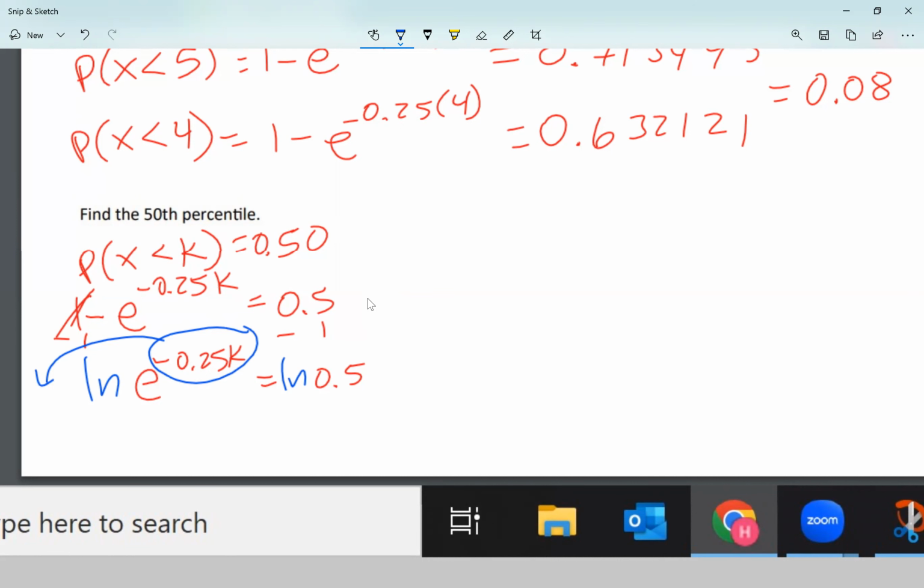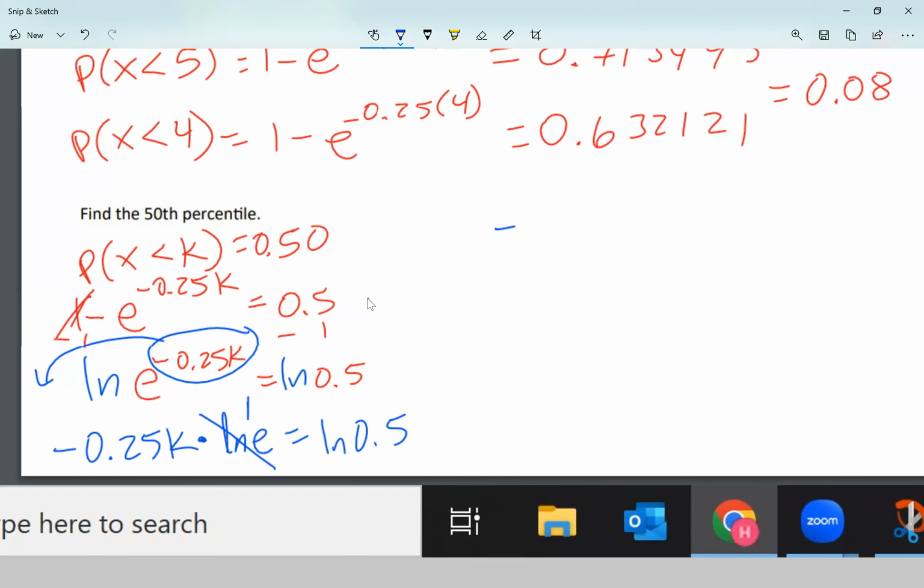So in reality, I have negative 0.25k times ln of e is equal to ln of 0.5. But we learned that the natural log of e is 1. For space purposes, let me use the right side of our screen.